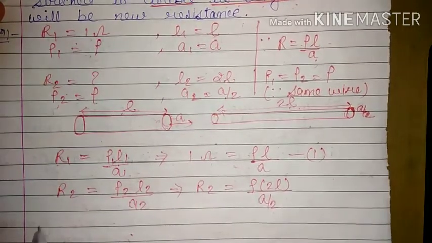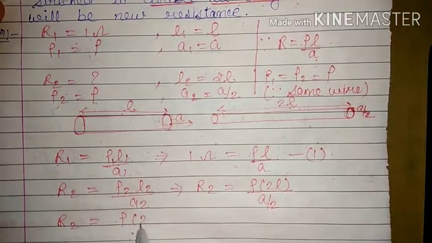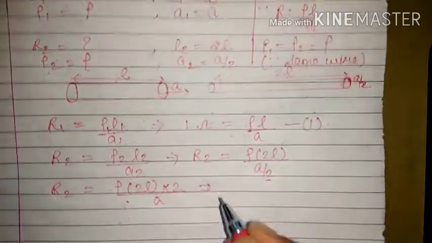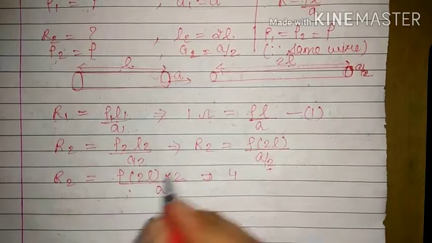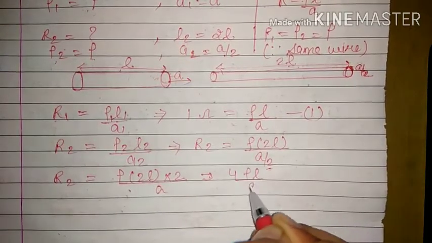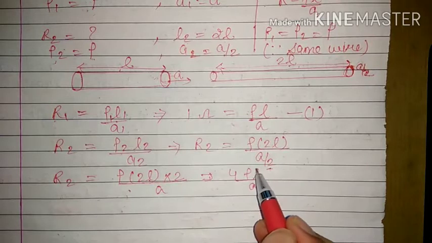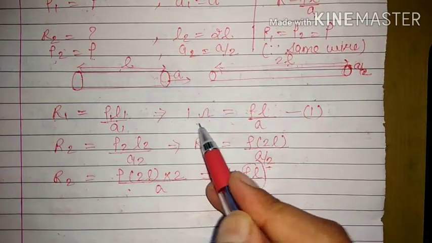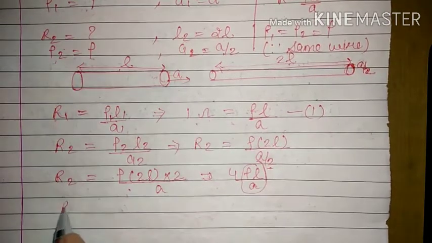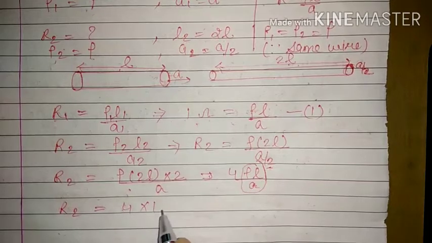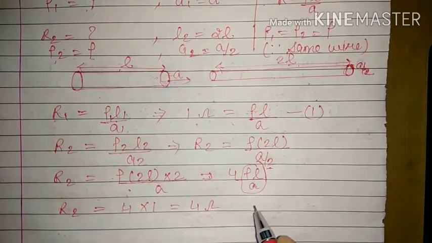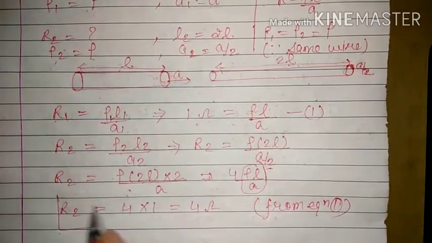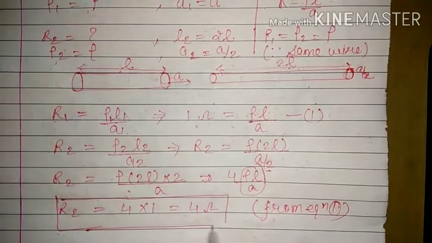Now this 2 will move up, and R2 is equal to rho 2L into 2 upon A. We can write it as 2 into 2, 4, times rho L upon A. And what is rho L upon A? That is equal to 1 ohm. So can we put here 1 ohm? Obviously. So R2 is equal to 4 into 1, that is equal to 4 ohm. Why? From equation 1. So here the new resistance is equal to 4 ohm.